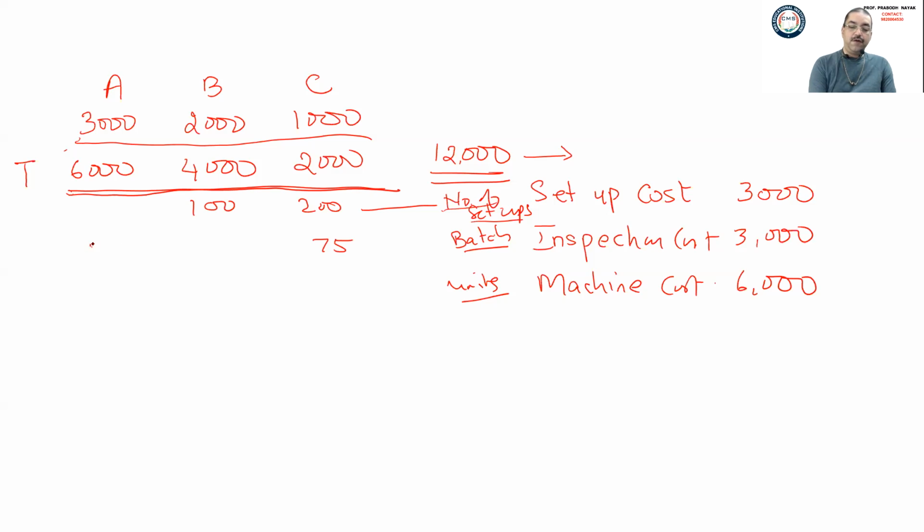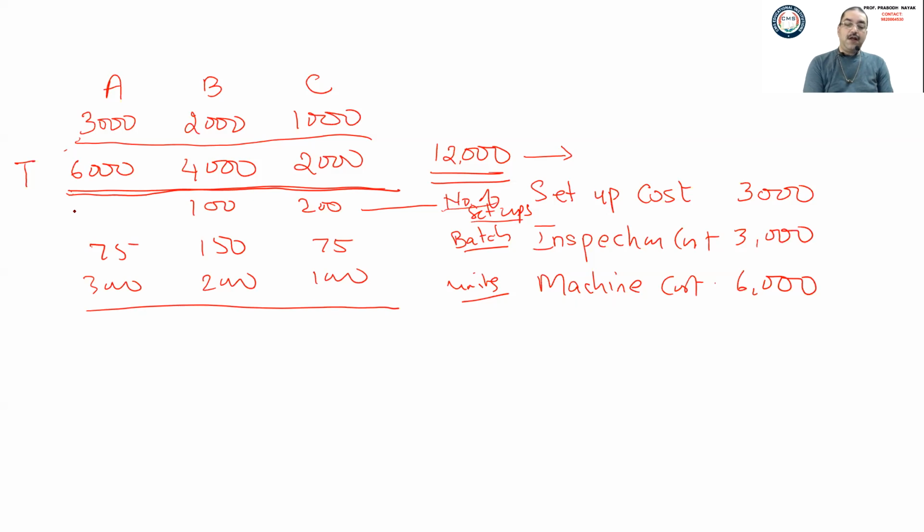Let us make this 75, this 150, 75. And this will be on the basis of number of units. That is 3000, 2000, and 1000 units.